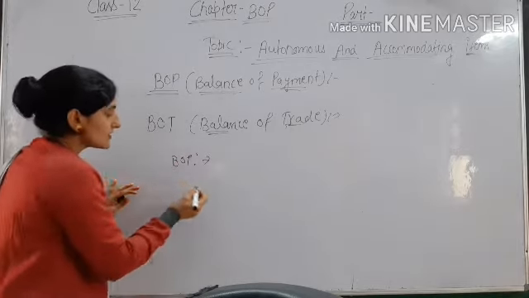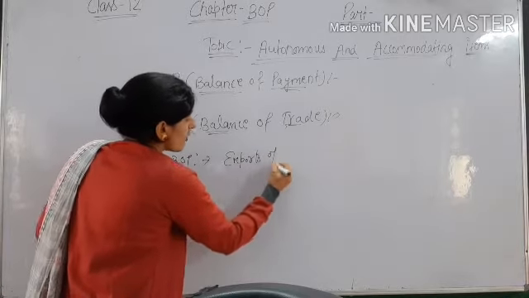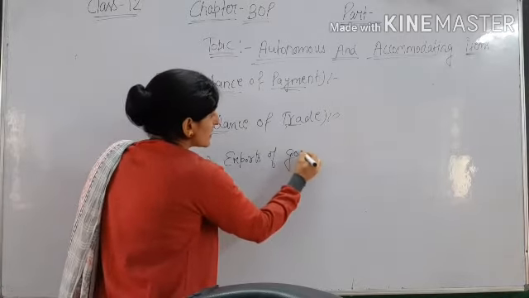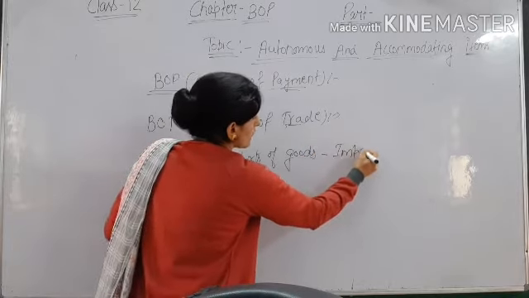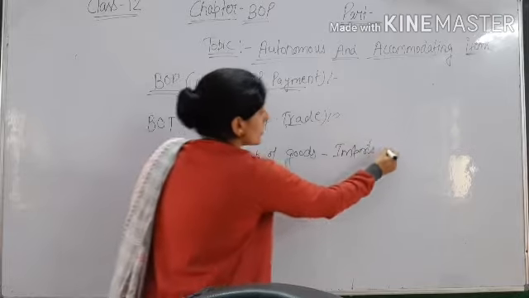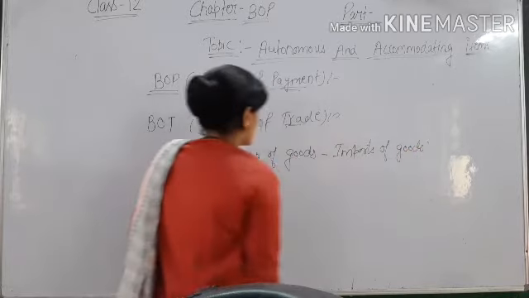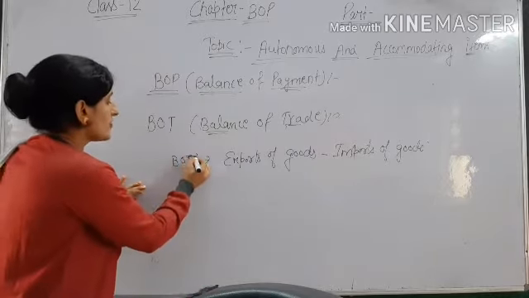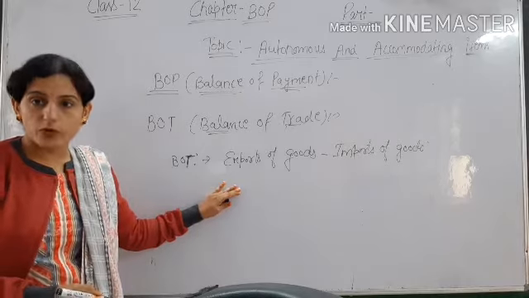We normally study exports of goods, material goods mainly, minus imports of goods. So this is our balance of trade: export of goods minus import of goods.